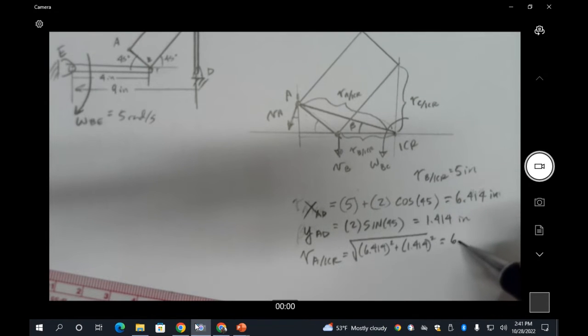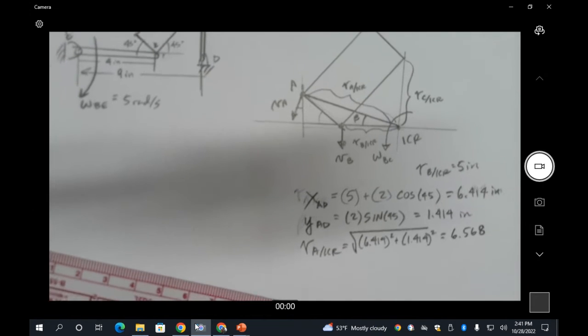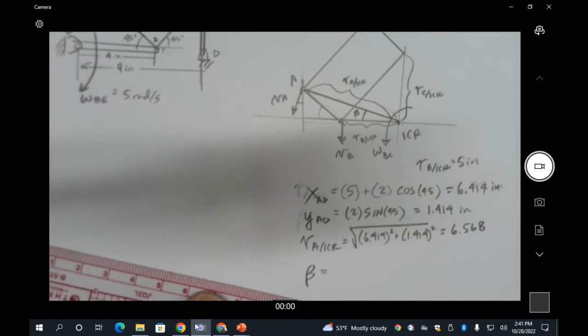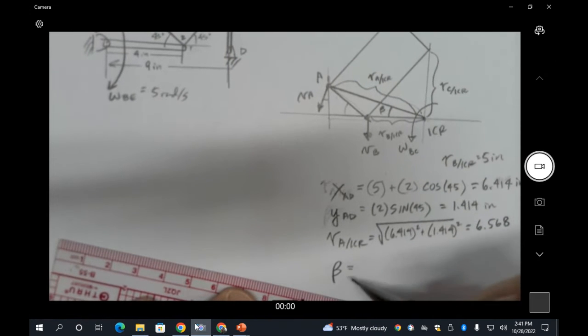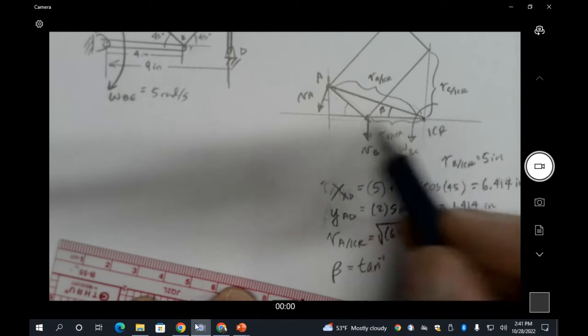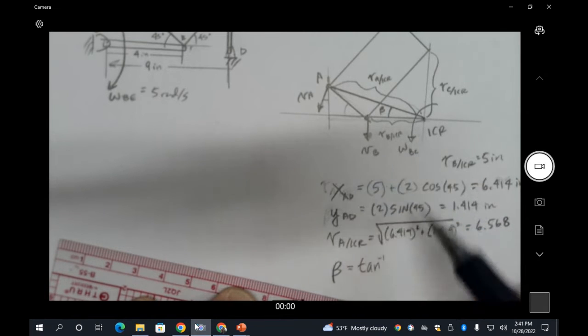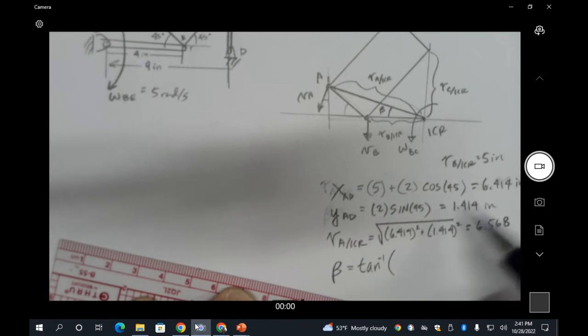So that ends up being 6.568. And then the angle, which I was about to call beta, and that's what triggered my acknowledgement that I made a mistake. As I went to look at the angle, I was like, oh yeah, the first thing I did was just find that that was 5 plus whatever that was. So now we have rise.